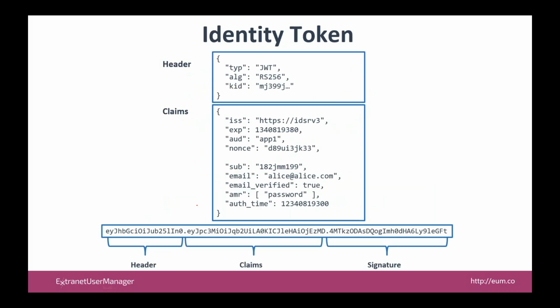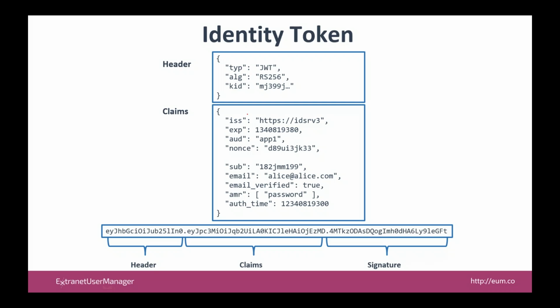Okay, so that token that we're getting back is something called an identity token or an ID token. And this is what's called a JSON Web Token. A JSON Web Token is a couple of data structures that are base64 URL encoded, and then there's a digital signature on top of that payload, if you will.